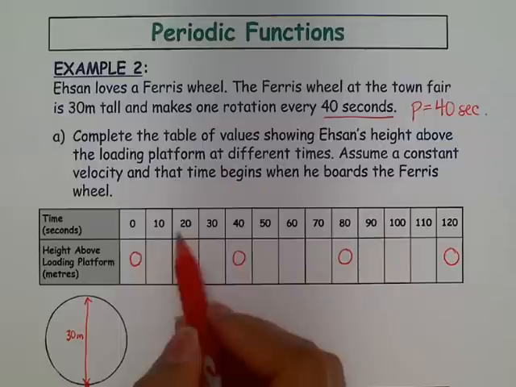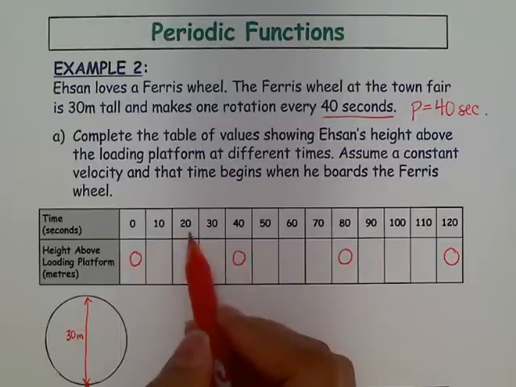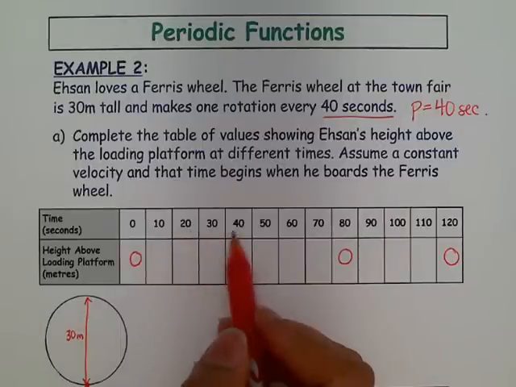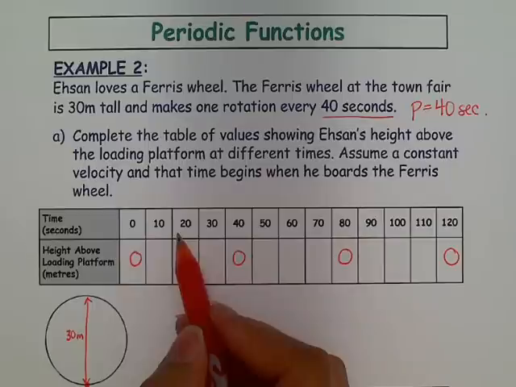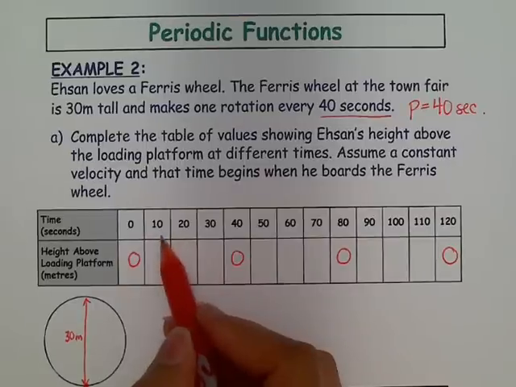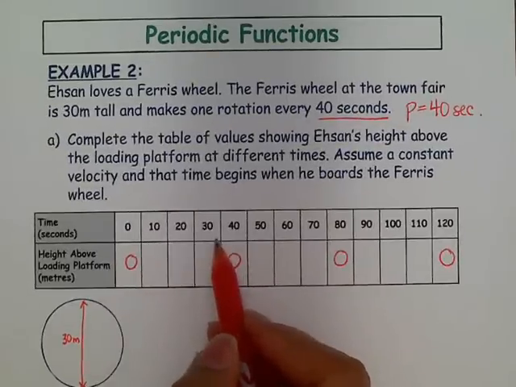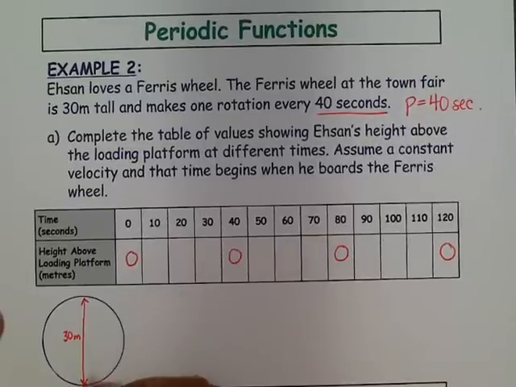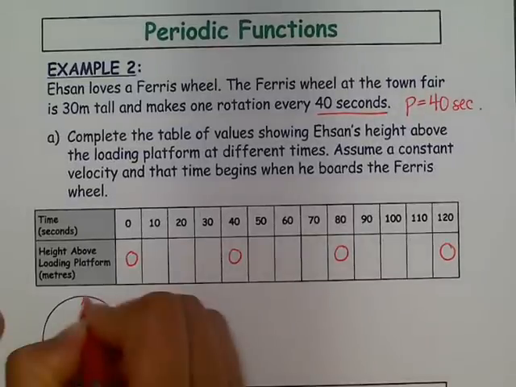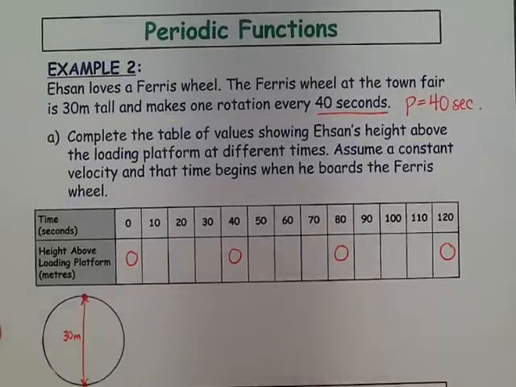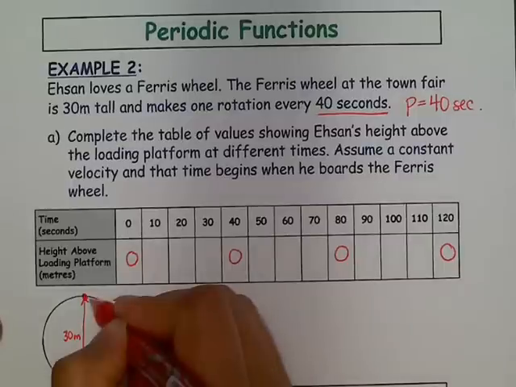Now, the values that I've chosen here for the time, I've chosen them specifically so that I look at halfway through one cycle, a quarter of the way through one cycle, and then 3/4 of the way through one cycle or one rotation on the Ferris wheel. So halfway through his rotation on the Ferris wheel, he ends up at the very, very top, which means his height above the ground halfway through one rotation is 30 meters.